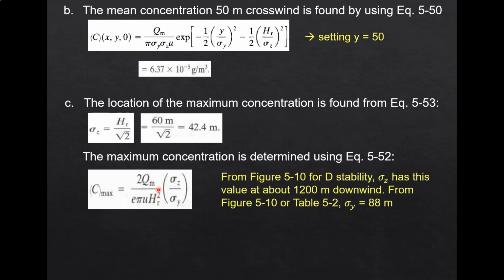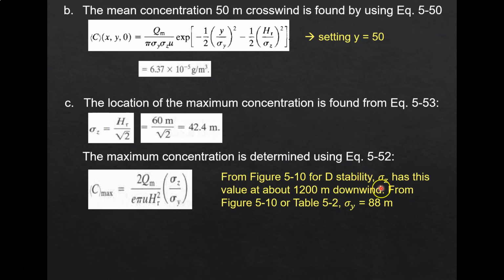Equation 5.52. For D stability, sigma z has a value at 1200 meters downwind, from figure 5.10. So from figure 5.10 or table 5.2, you can figure out your sigma y. Your sigma y is equal to 88 meters.